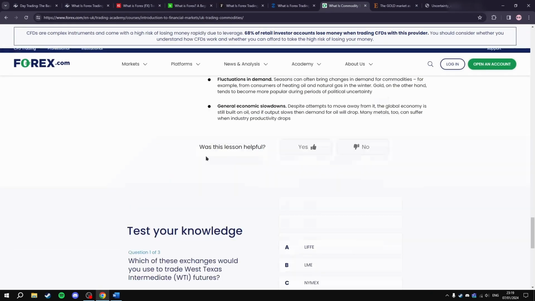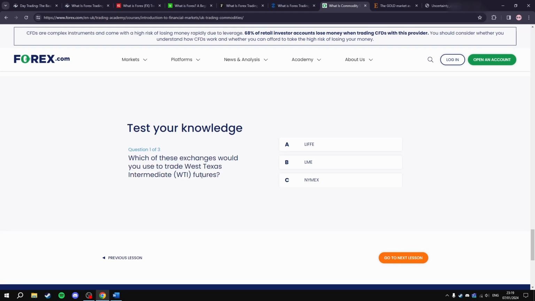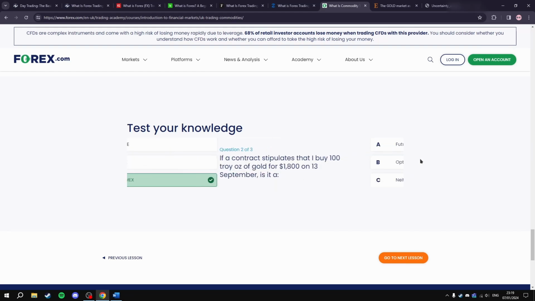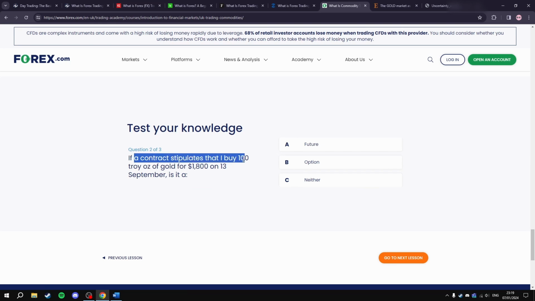Right, okay, so test your knowledge. Which of these exchanges would you use to trade West Texas? You would do NYMEX. If a contract stipulates up by 100 trade for 30 on, is it a... Well, what day is it today though? Oh no, but then you're buying a set amount for set price on a set date.